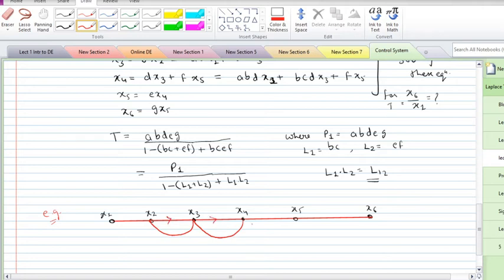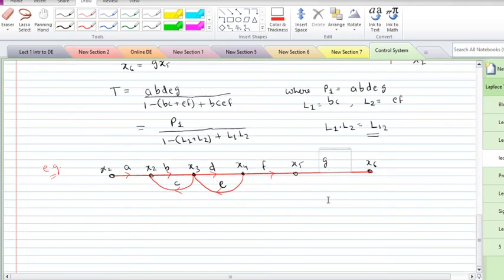So let us suppose we are having this signal flow graph. Okay, so here this is A, let us suppose this is B, this is C, this is D, this is E, this is F and G.